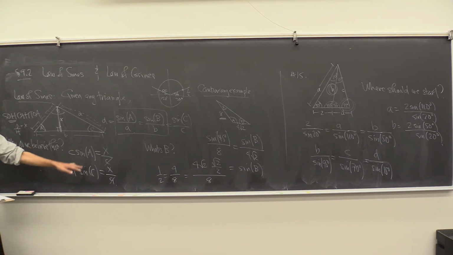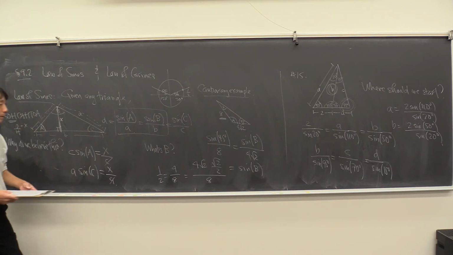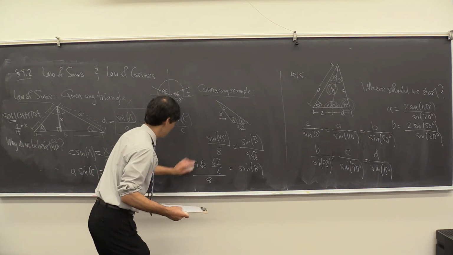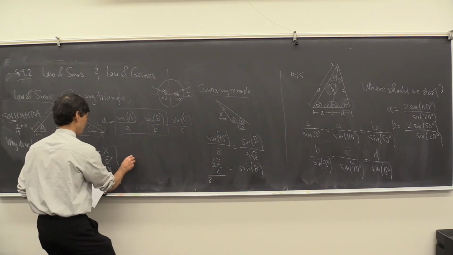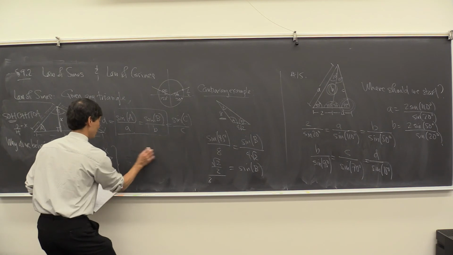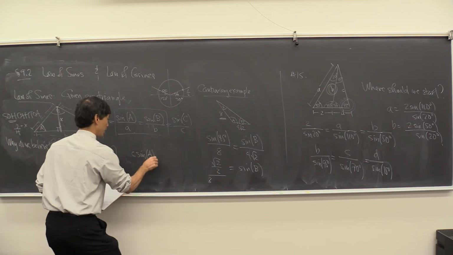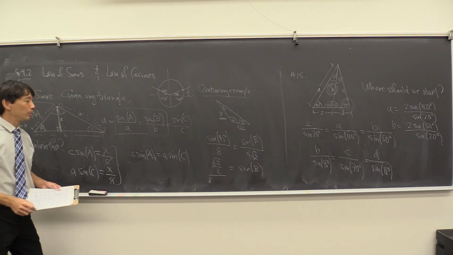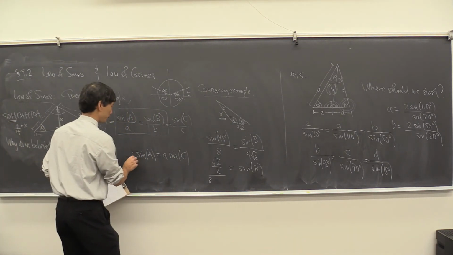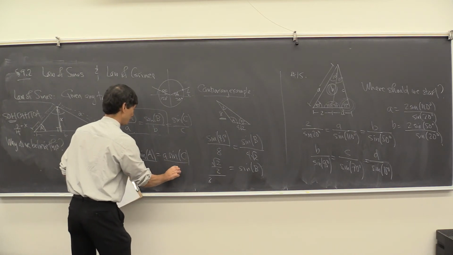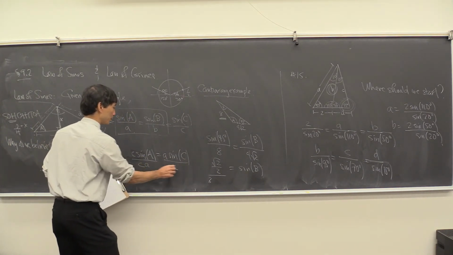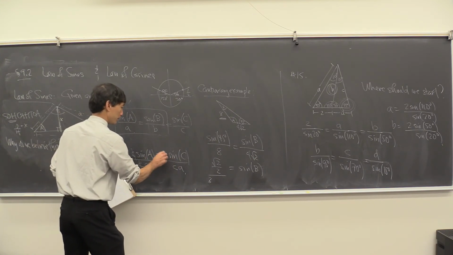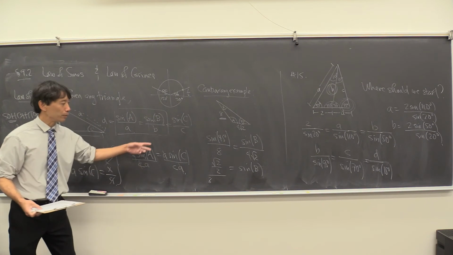So C sine A equals A sine C. But then we divide both sides by C, and we divide both sides by A. And we get sine A over A equals sine C over C.